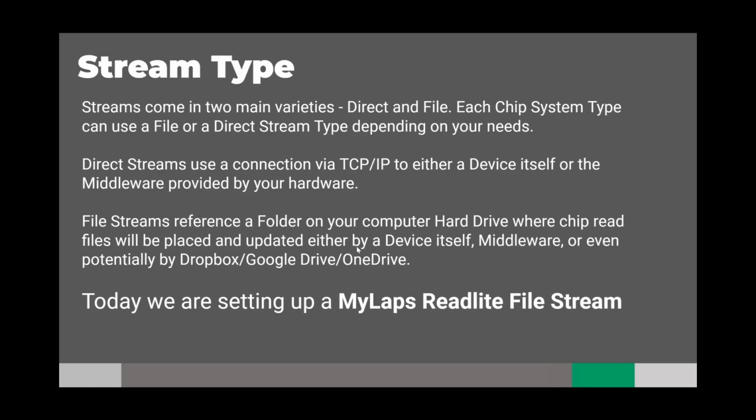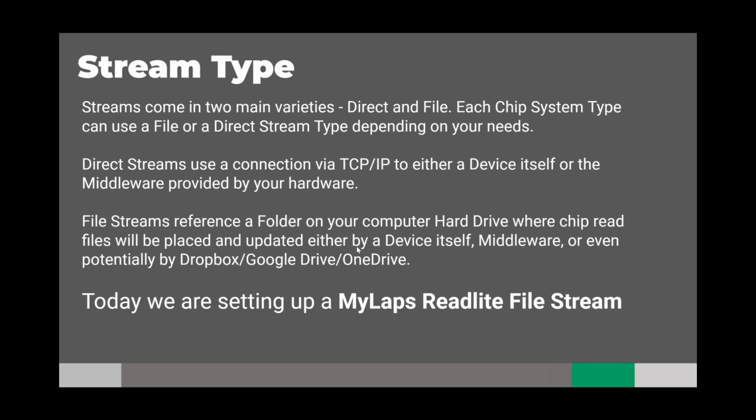So the next setting here is the stream type. Streams come in two main varieties, direct and file. Each chip system type will use a file or direct stream type depending on your needs. Direct streams use a connection via TCP/IP to either a device itself, in the case of iPico and Trident, or the middleware provided by your hardware, in the case of things like MyLapse and ChronoTrack.